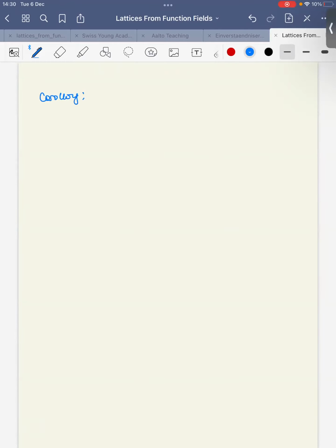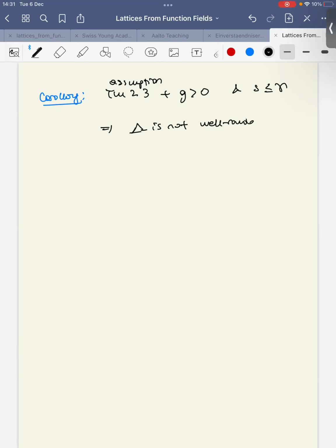In addition to this argument, in addition to the assumptions in this theorem, if we additionally suppose that the genus of the function field is strictly positive, and the number of the rational places is less than or equal to the gonality, then our function field lattice is not well-rounded.